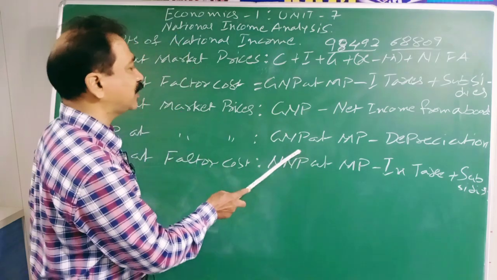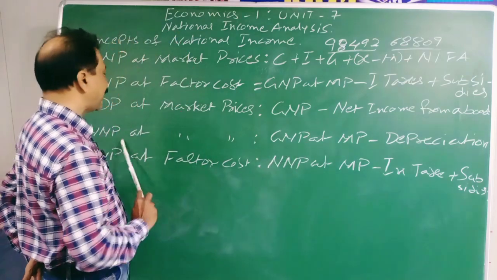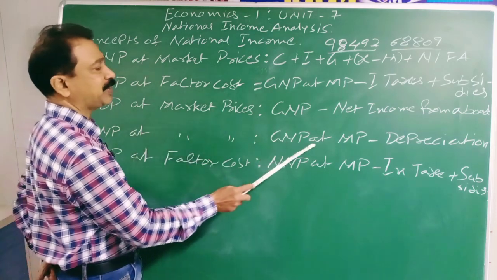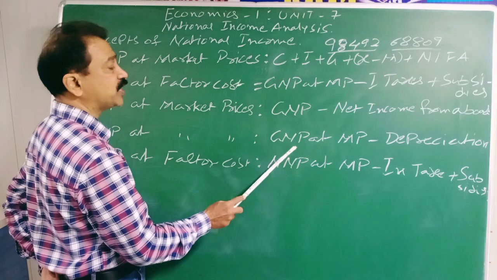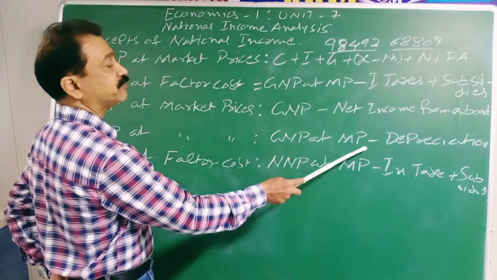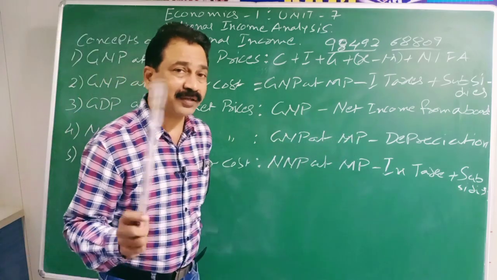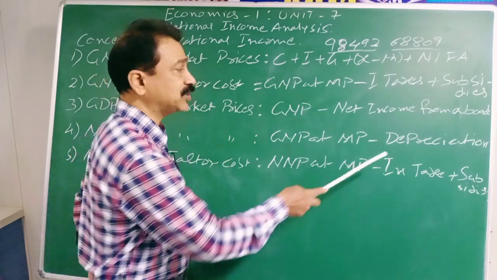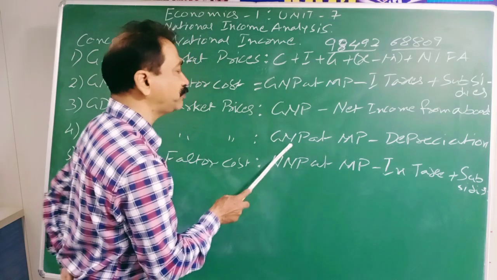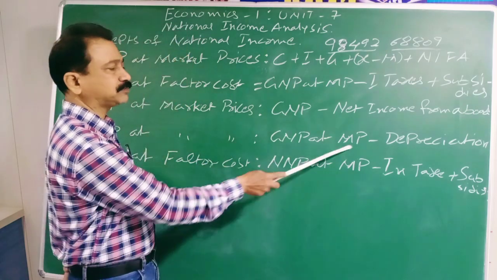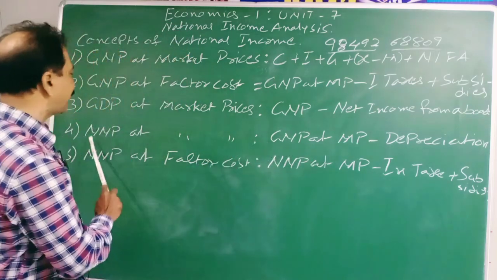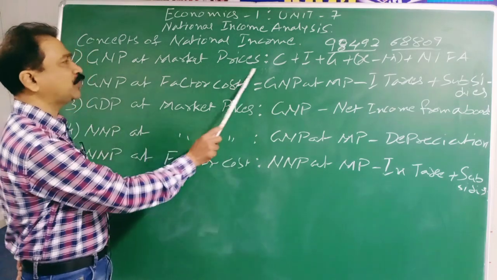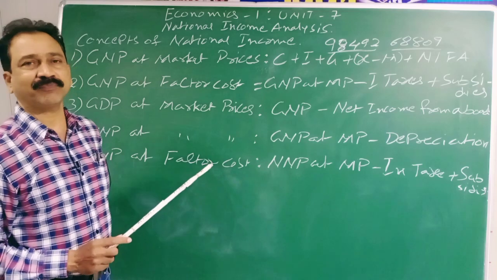So here, again, to get NNP at market prices, we take GNP at market prices, gross national product at market prices. From this, I told you all that wear and tear, value depreciation. That depreciation has to be removed from GNP at market prices. Then you will get NNP at market prices. For everything, this is going to be the base thing.